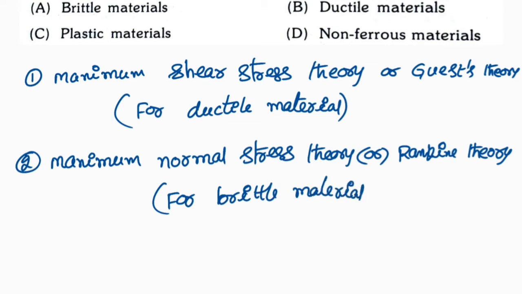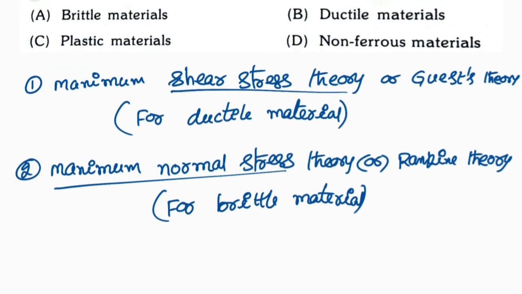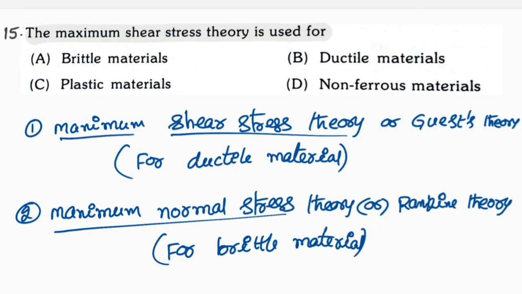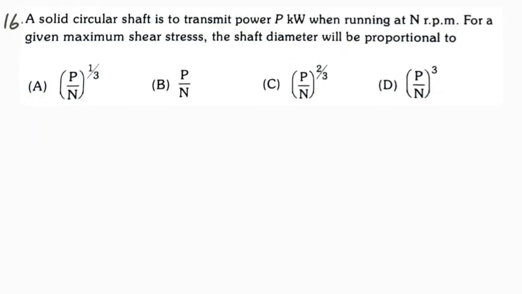Remember, for brittle material, we use the maximum normal stress theory. For ductile material, we use the maximum shear stress theory. The given problem is that maximum shear stress theory is used for ductile material. Therefore, option B is absolutely correct. Let us go for another problem.